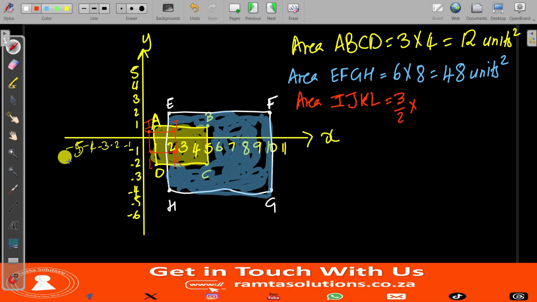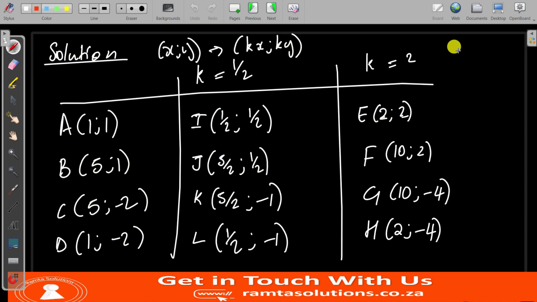Now, let's look at the horizontal distance. 2.5 to 0.5 must be 2 units, isn't it? Somebody please confirm. I'm not sure. I'm also going to confirm the values.